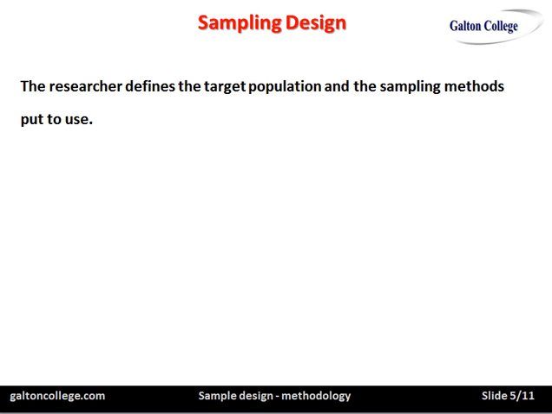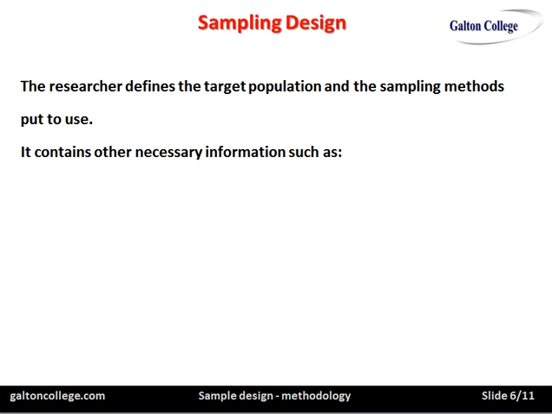The target population could be customers buying a particular product or customers living in a particular area. So the target population must be clearly defined. And then what sampling methods will be used? How will the customers be contacted? How will information be derived from the customers? How will the data be collected and how will it be analysed, turning it into information?